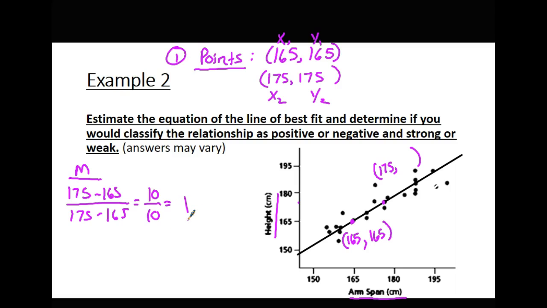All right, what do we do after we find our slope? We find our y-intercept. Now, there are 2 ways you could find your y-intercept. One is you could just look at it and estimate it, right? Can you see where it's touching the line? That's probably going to be the easier way. But we could also plug in the x and the y and the slope to get it.